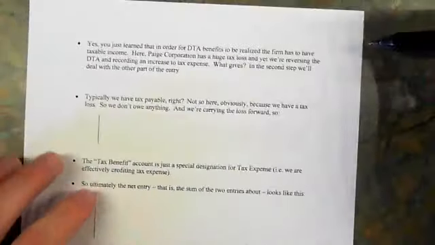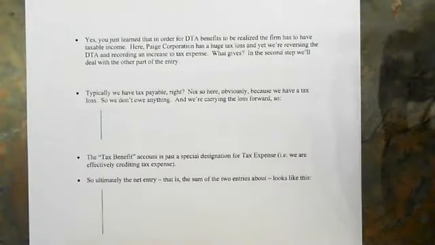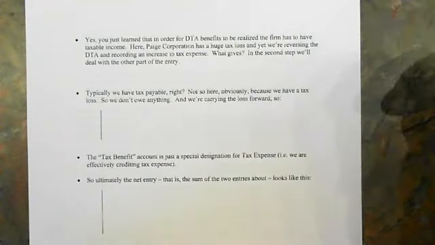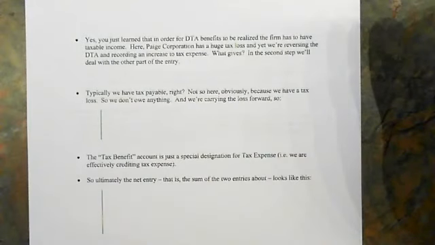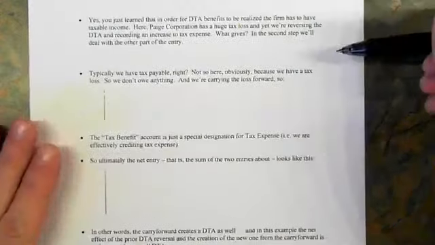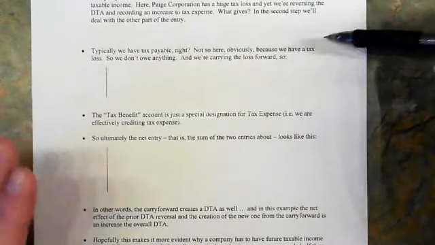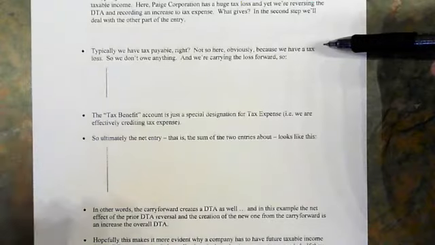Then the second part, right? You just learned that in order for DTAs to have benefits, they have to have taxable income. We have a huge tax loss here, but we're reversing the DTA and recording tax expense. But what gives? Look, typically we have a tax payable, not here. So we have a tax loss. We don't owe anything, and we're carrying the loss forward.